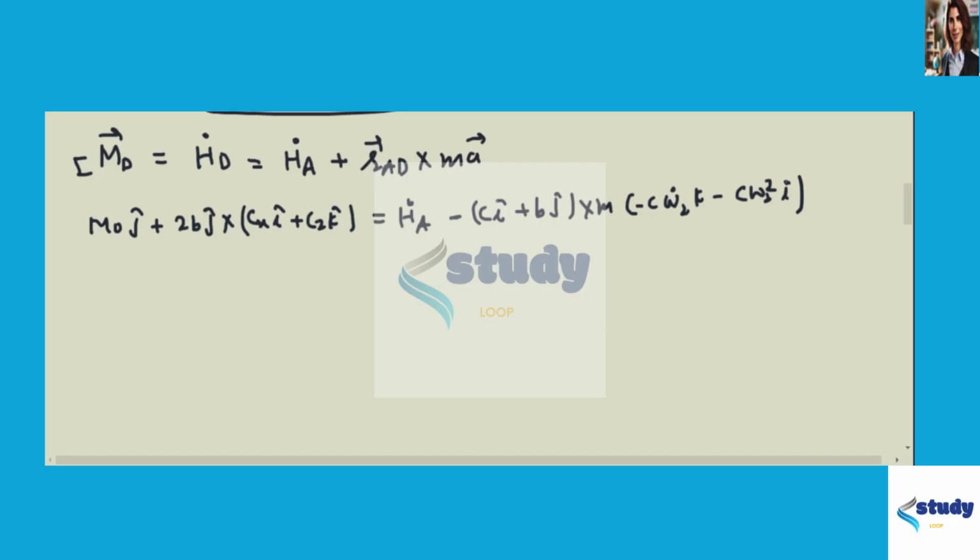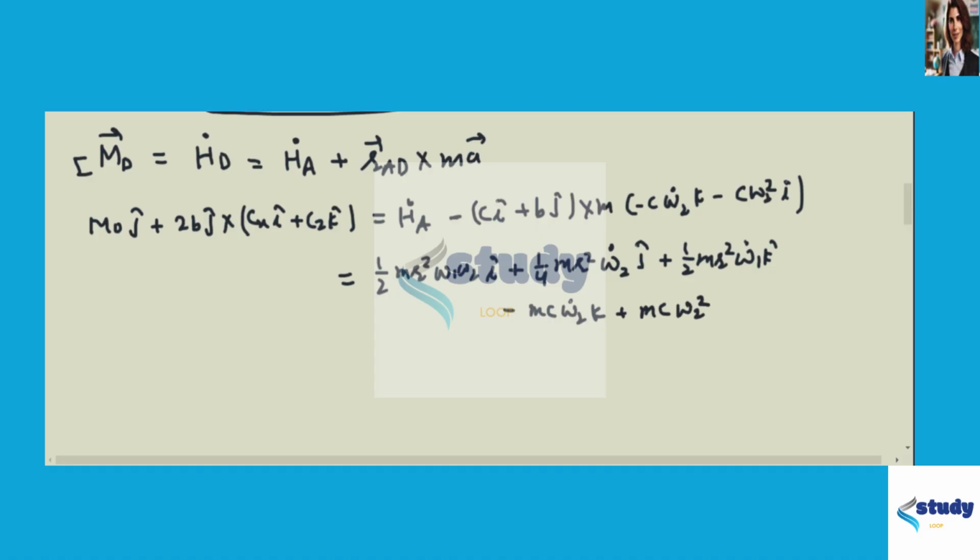Substituting the value here, you may write half mr square omega 1 omega 2 i cap, 1 by 4 mr square rate of change of omega 2 with time j cap, plus half mr square rate of change of k minus mc omega 2 k cap plus mc i cap.